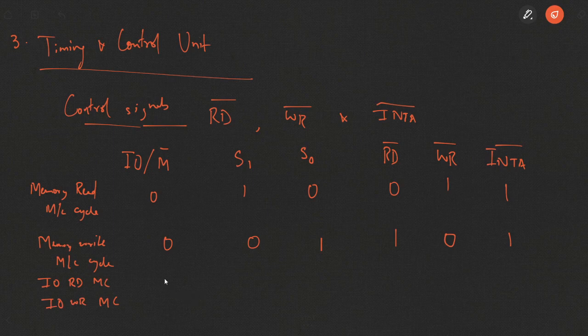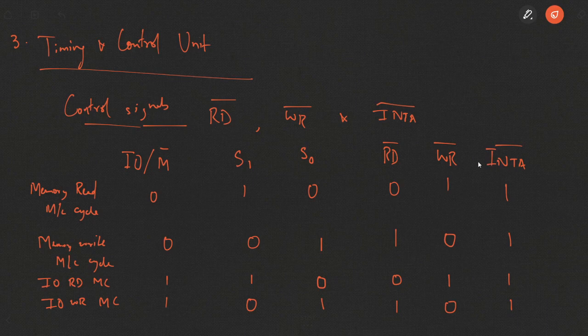For IO read and IO write, IO/M bar will be 1. S1 is 1 for read, S0 is 0 for read, S1 is 0 for write, S0 is 1 for write. Read will be 0 here because this is a read cycle and it is active low. Write will be 1. This is not an interrupt, so INTA will still be 1. Read will be 1 in case of a write, write will be 0, and INTA will again be 1.